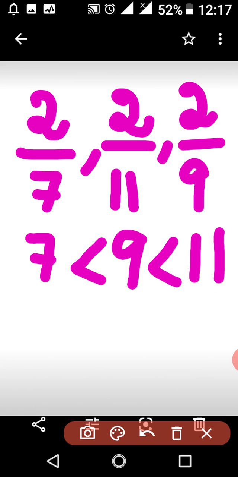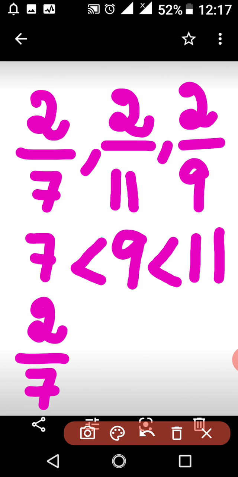Means 11 is greater than 7 and 9, and 9 is greater than 7. So exactly the opposite order we take for the fractions. 7 is smaller than all the denominators. Now the fraction which has 7 as denominator, 2 by 7, is greater than the remaining fractions.